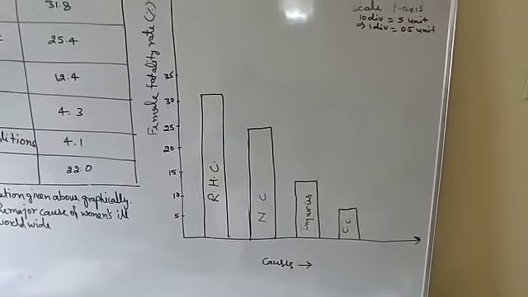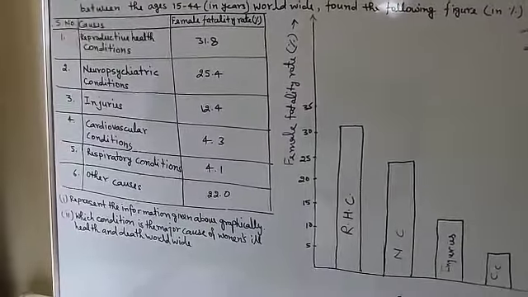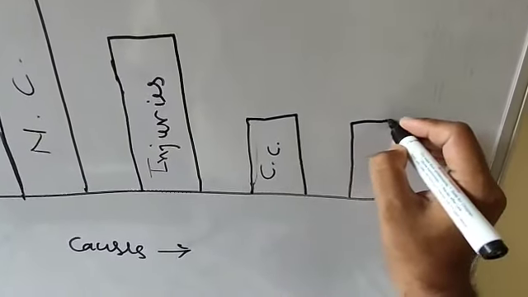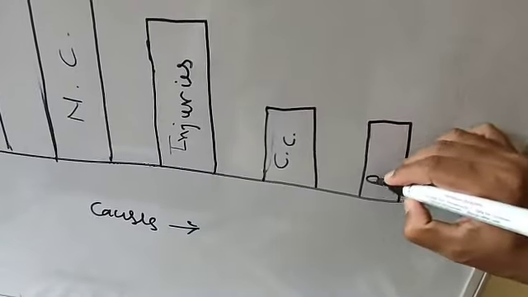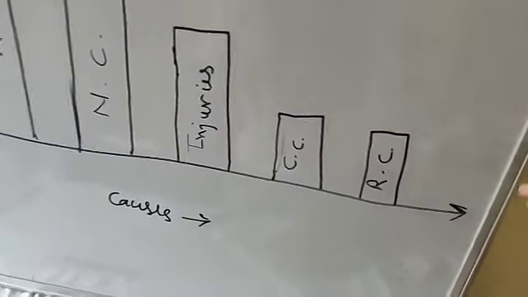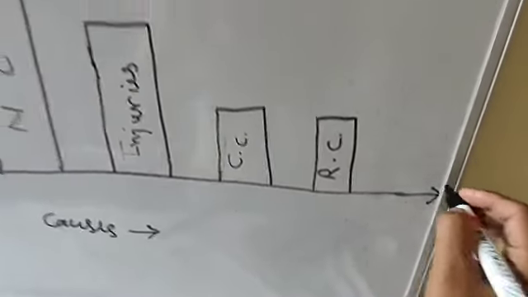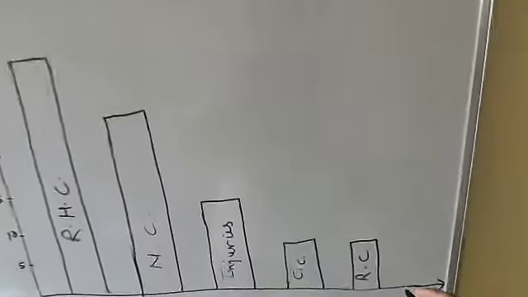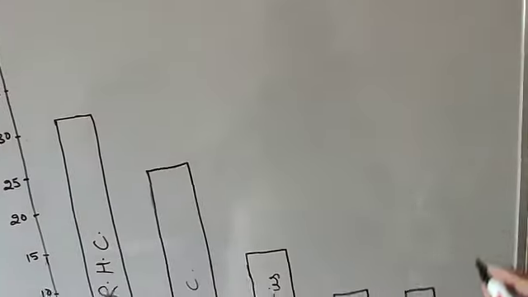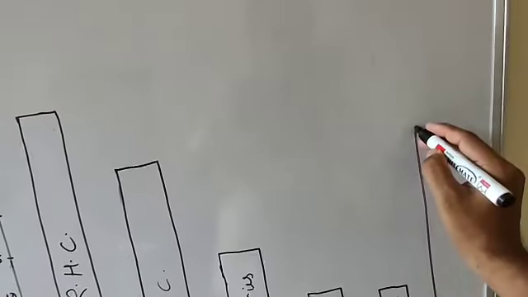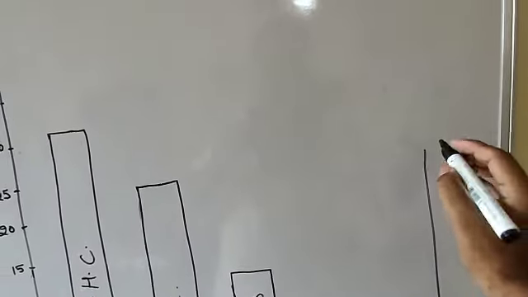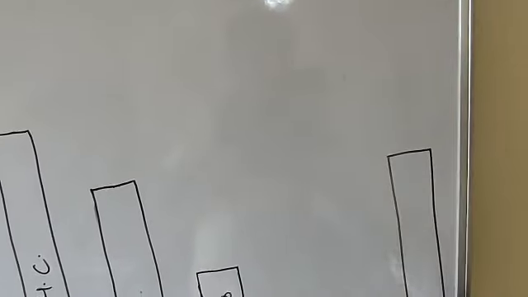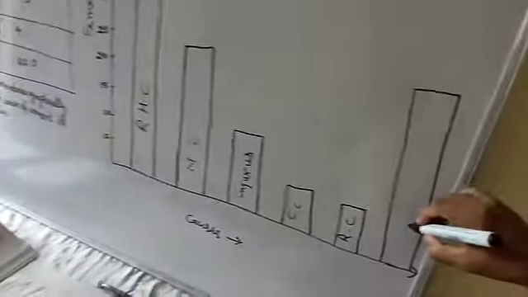Now the fifth one is respiratory condition, that is 4.1. So here you will represent that 4.1, that is RC. Now next, other causes, that is 22. So for the other causes 22 is there, so here it is 20. So just above the 20, 4 boxes above, you will get 22. So that is the other causes.